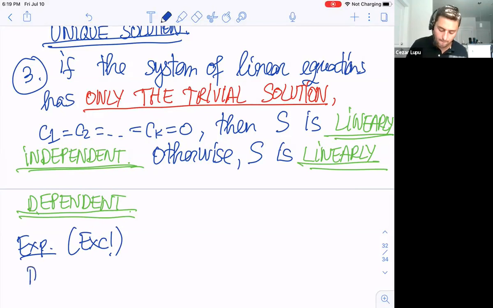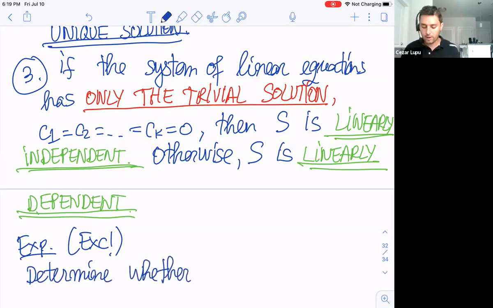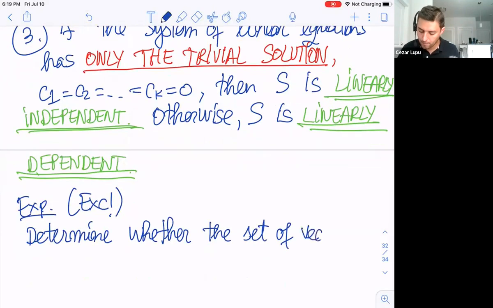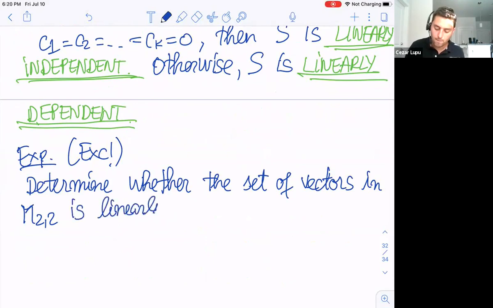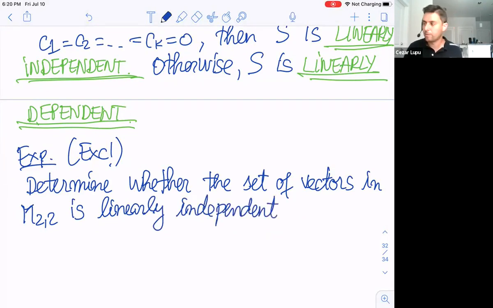So determine whether the set of vectors, and I'm going to consider now a set in the vector space of 2 by 2 real matrices, is linearly independent or linearly dependent.